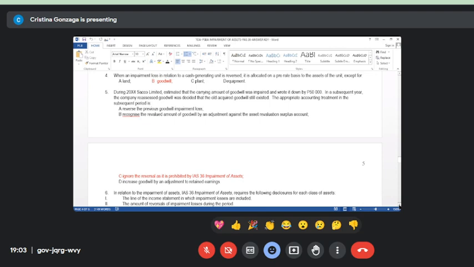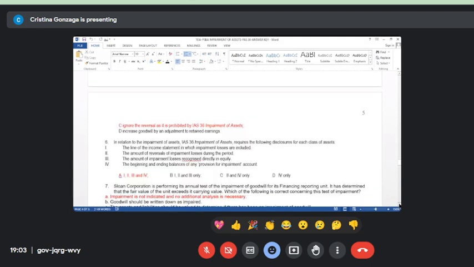The appropriate accounting treatment in the subsequent period is that C, ignore the reversal as it is prohibited by PAS 36 or impairment of asset. Kasi goodwill yan. No? Nakaka-recover ba ang goodwill? No. Okay, kaya since yung goodwill natin, hindi naman tayo nag-a-amortize niyan, then you will have to ignore the reversal because it is prohibited by PAS 36, no? Impairment of asset.